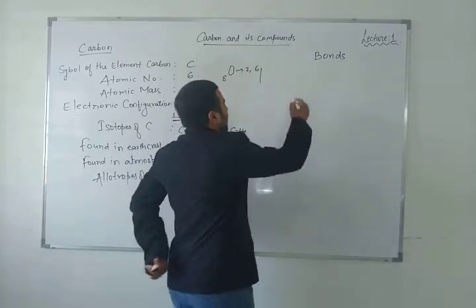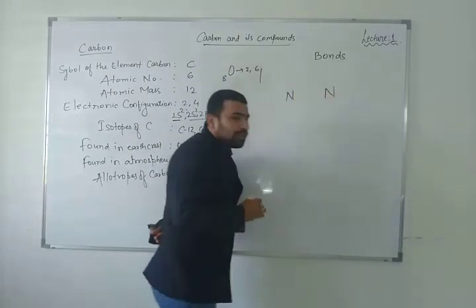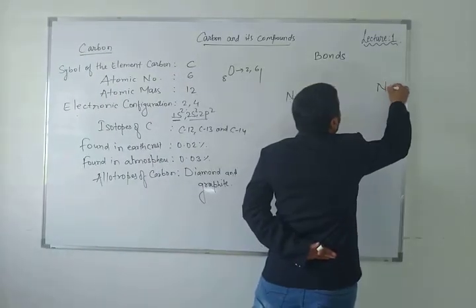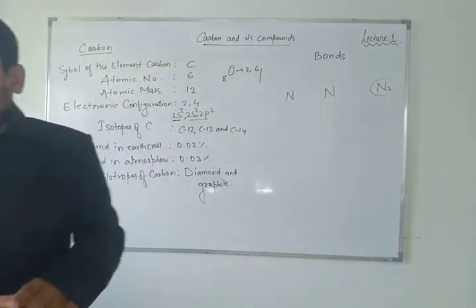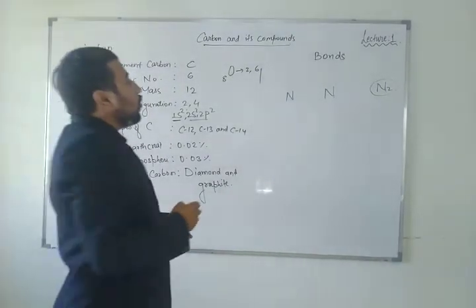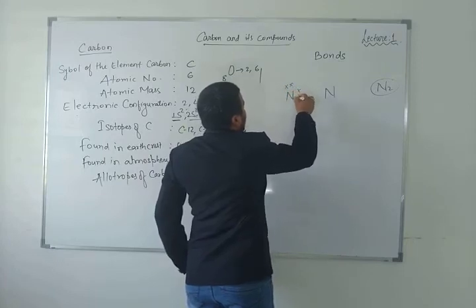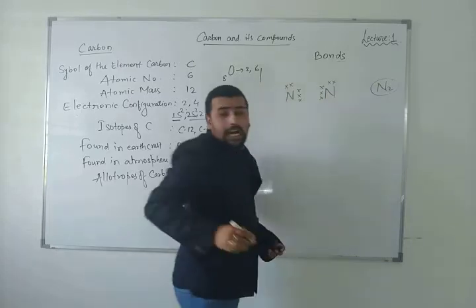If I talk about nitrogen, then nitrogen will share its electrons with nitrogen to give N2, that is, in the form of molecules. Remember the word molecule. Why? Because nitrogen has 5 valence electrons in its outermost shell.